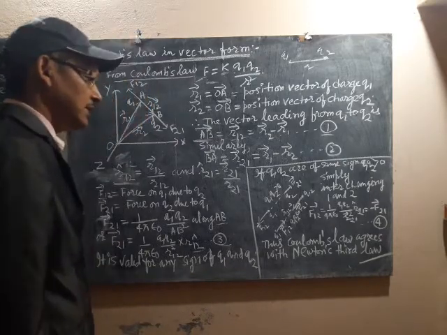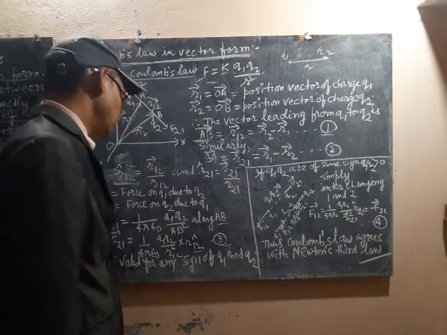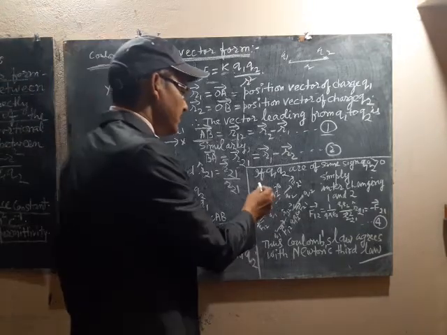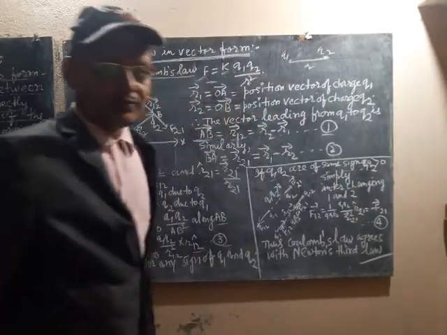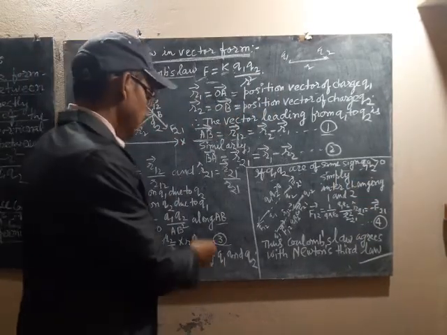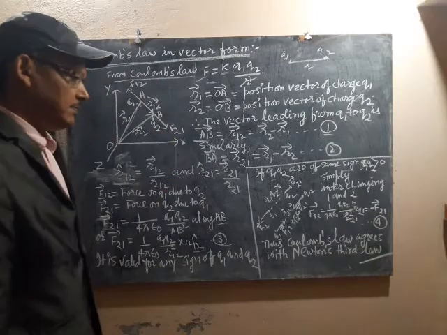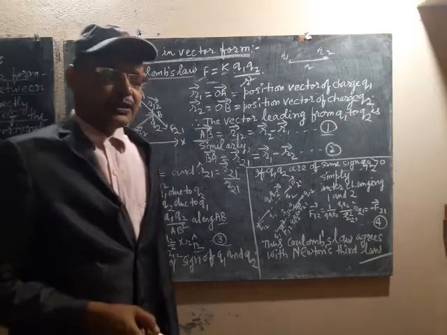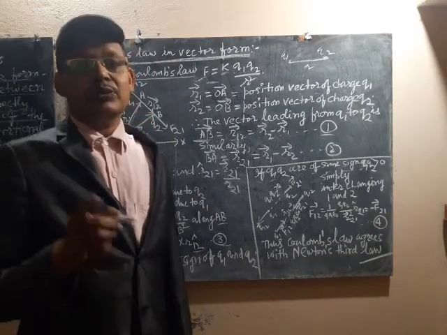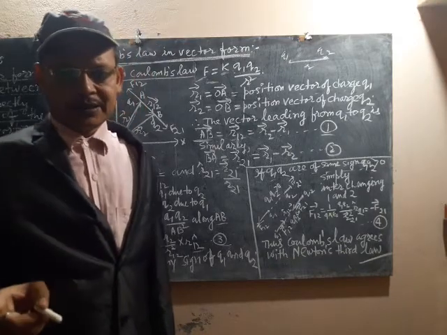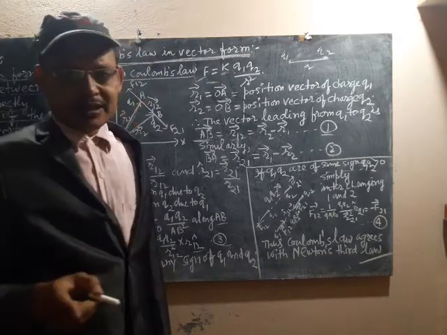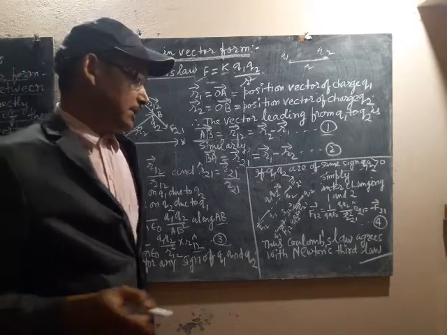Now next, we want to discuss if Q1 and Q2 are of the same sign. It is valid for any sign, but with the same sign there will be repulsion. Positive positive repulsion, and negative negative also repulsion.